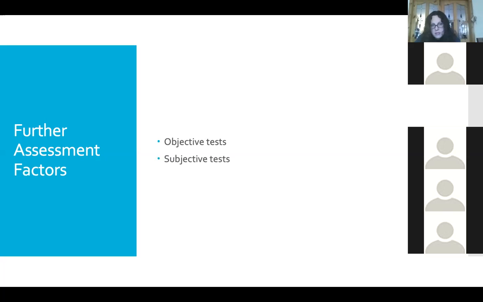Further assessment factors to take into consideration would be, if you're using any exams or any questions, be they informal or formal questions, you need to consider whether they're objective tests or subjective tests, okay? Just to talk you through a little bit about the subjective and the objective tests. Objective tests are very, very easy. They're right or wrong. The answer is either right or it's wrong.